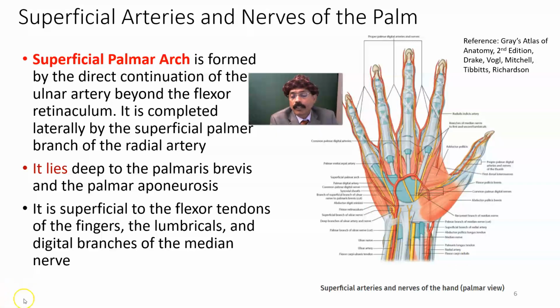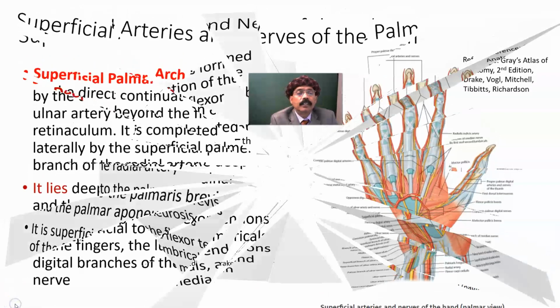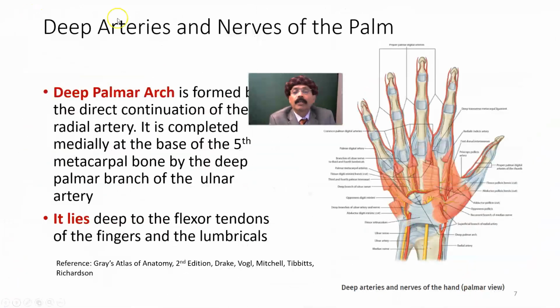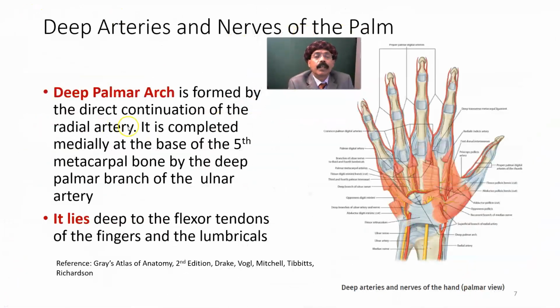Okay, we got that. Now we'll go to the next slide. There is the deep palmar arch. This is formed by the direct continuation of the radial artery. This is the radial artery; the radial and ulnar arteries are branches of the brachial artery. It is completed medially at the base of the fifth metacarpal here by the deep palmar branch of the ulnar artery, and this arch is related to the arch-like orientation of the ulnar nerve.